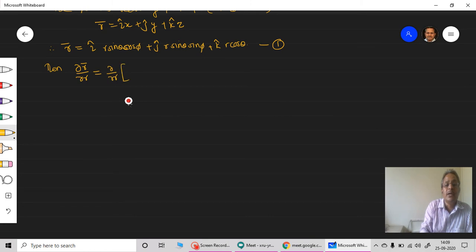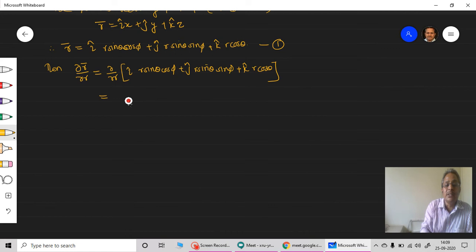So write this entire term there: i cap into r times sin theta cos phi plus j cap into r times sin theta sin phi, and k cap into r times cos theta. I am not going to do this for all, you can do it once. This differentiation is taken with respect to r, so differential of r with respect to r is 1.